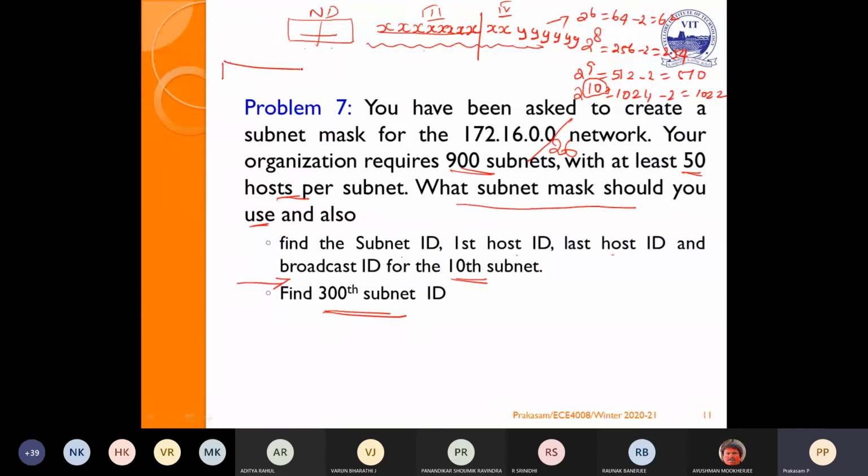So the first 3 fields are 8 ones, 8 ones, 8 ones, remaining 11000000. So what is equivalent? 255.255.255.192. So what is the decimal equivalent?